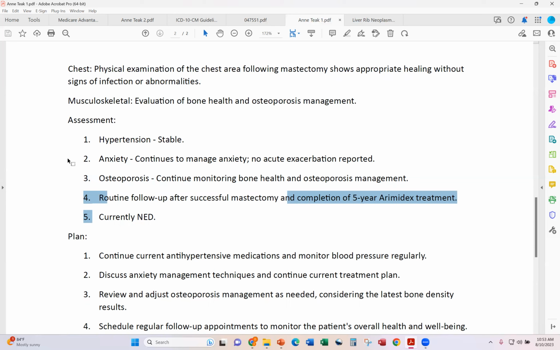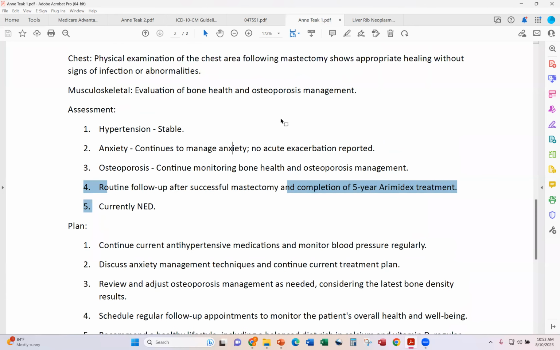Okay, this one is more straightforward. Had a mastectomy, completed treatment. This is a historical condition. And then we have NED, no evidence of disease. So this one's pretty straightforward, but I'm sure both of you will agree that you'll see records where it says history of, and patient is undergoing Arimidex.